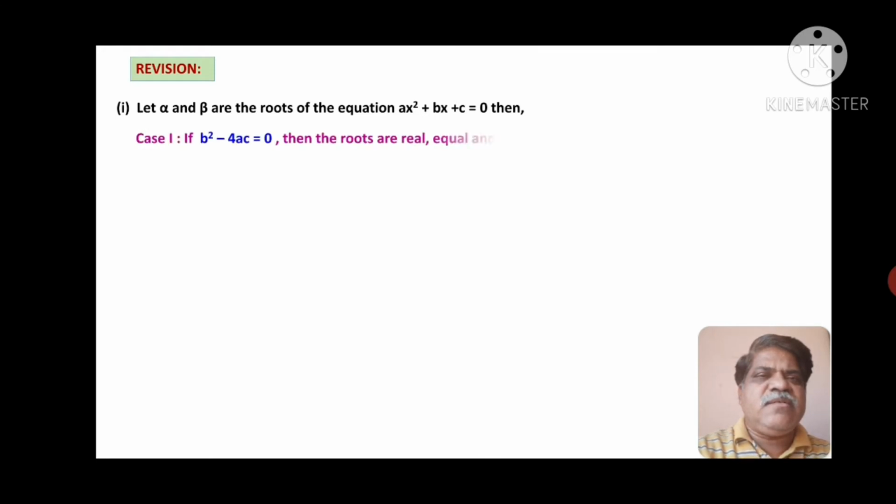Friends, before starting with those problems, let us revise the things that are important as far as practice set 2.5 is concerned. Let alpha and beta be the roots of the equation ax square plus bx plus c is equal to 0. Then if b square minus 4ac is equal to 0, the roots are real, equal and rational.